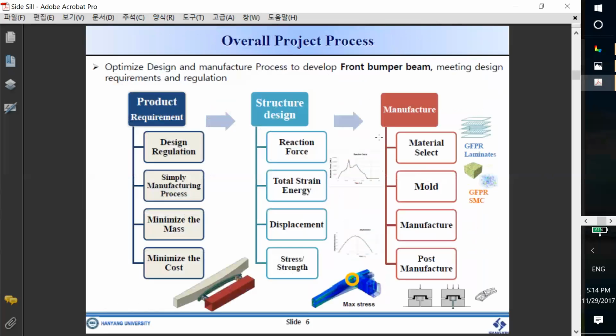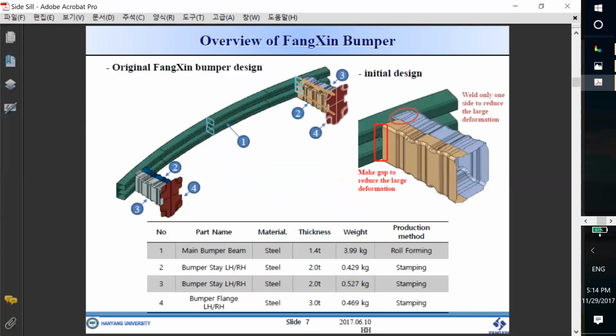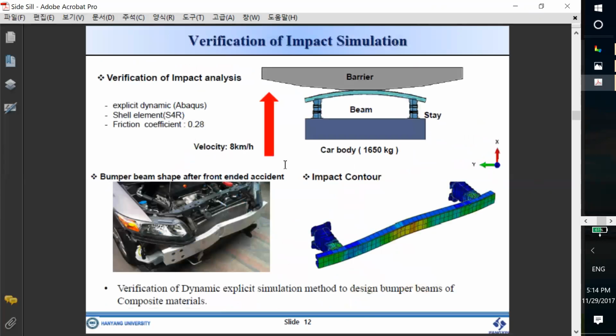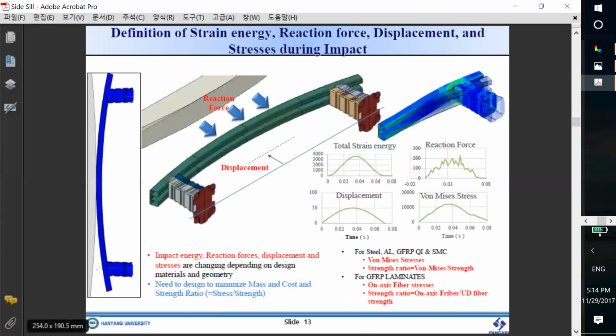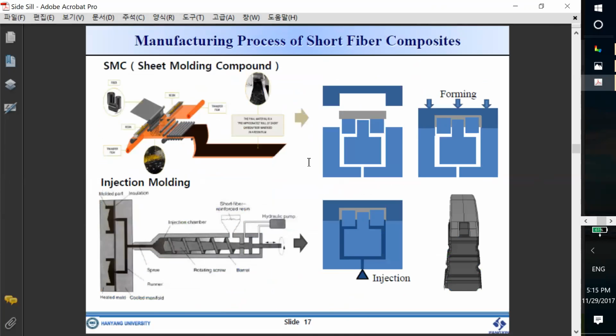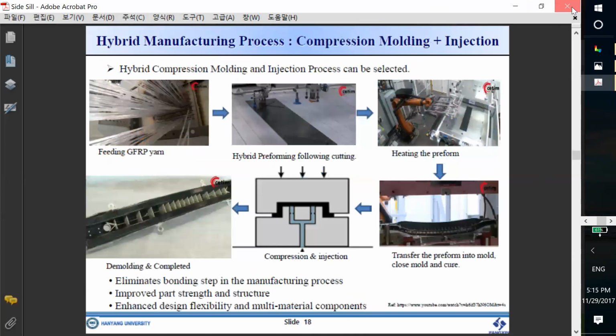Now we have to make it very light. And all these parts have been redesigned and replaced with very light materials. And imagine that when you have this, it can bounce back and forth.